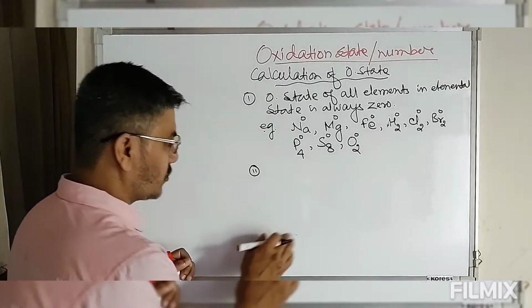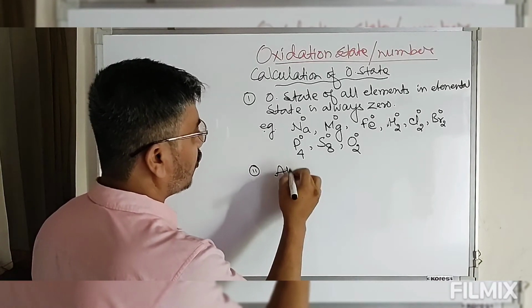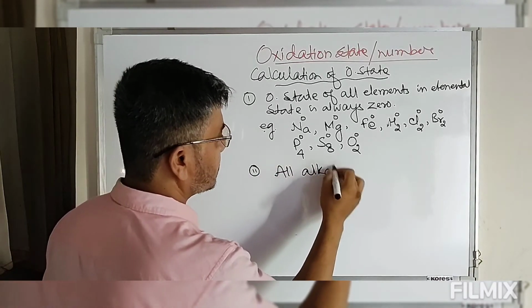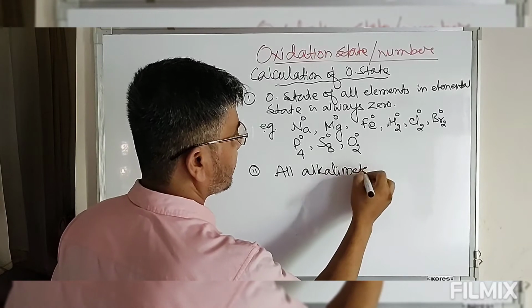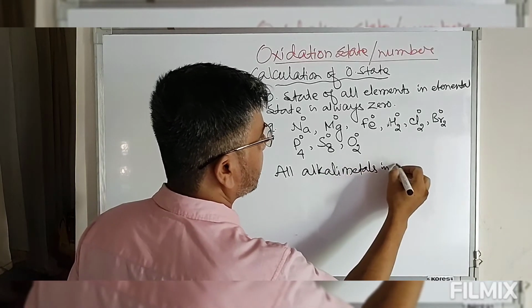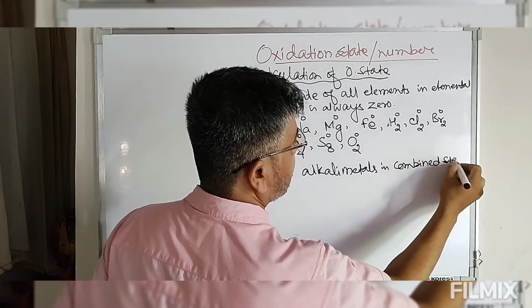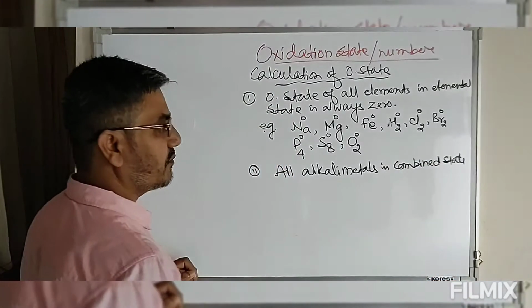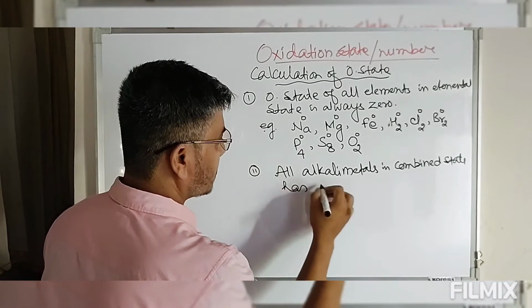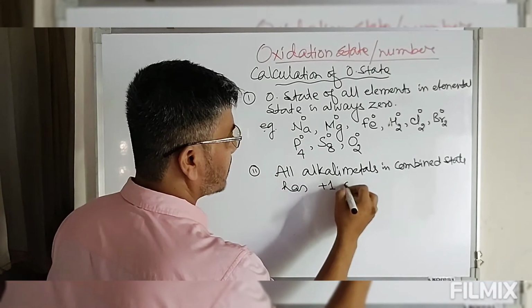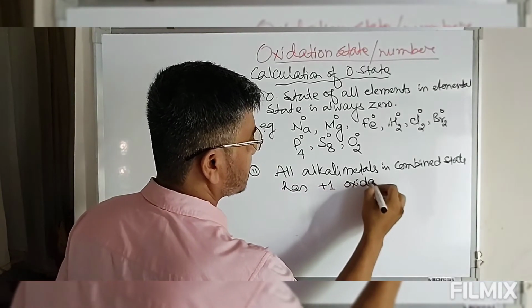So the rule says all alkali metals in combined state have +1 oxidation state.